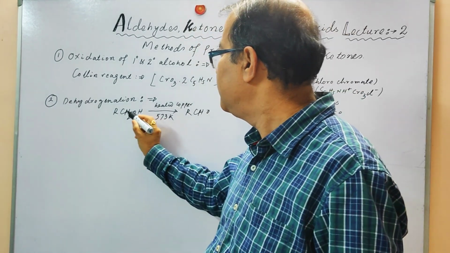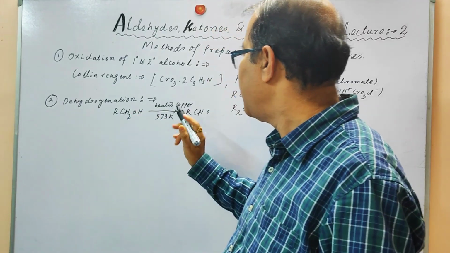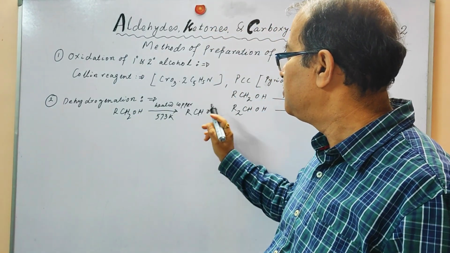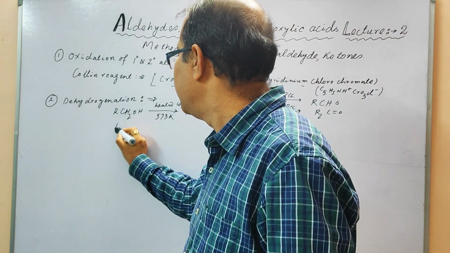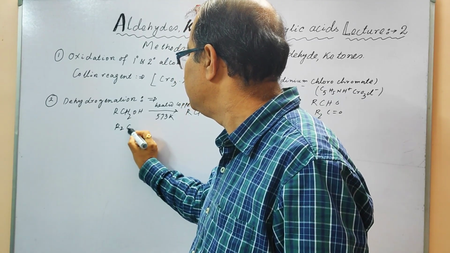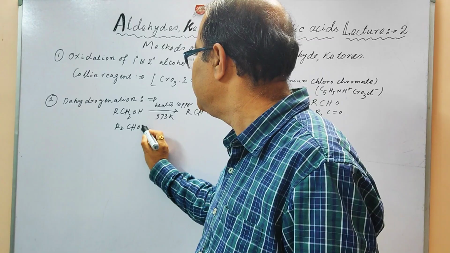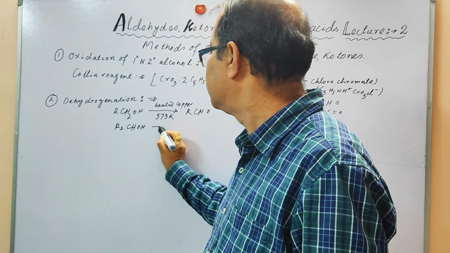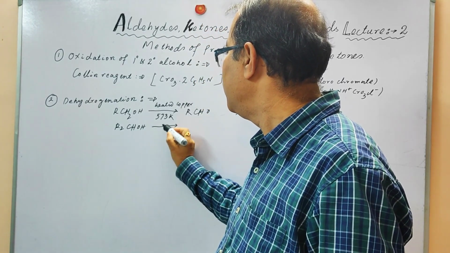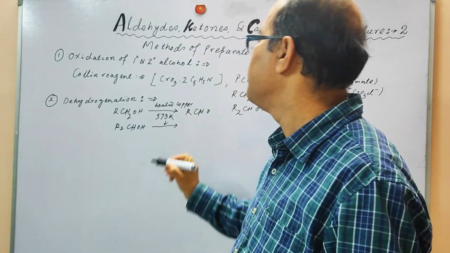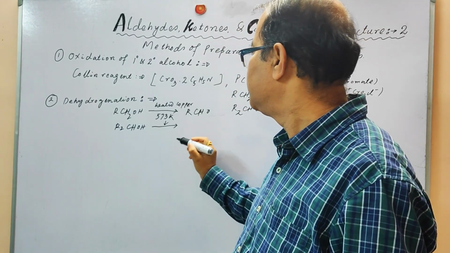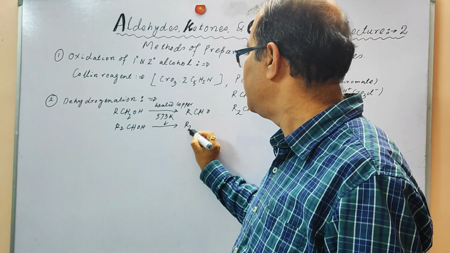You can see one hydrogen molecule has been expelled out. Another, R2CHOH, this is the second degree alcohol, and using the same condition, it will produce the ketone.